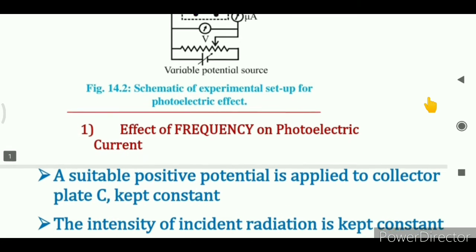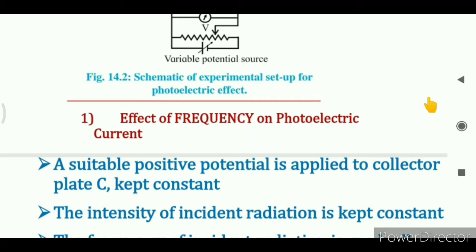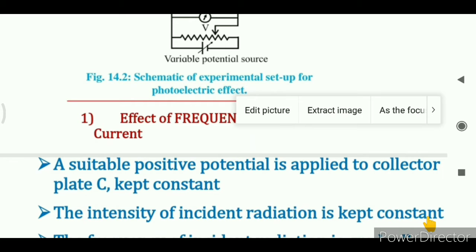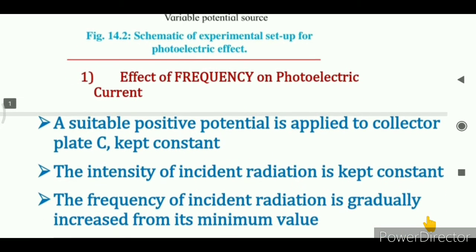Then the intensity of the radiation incident on the emitter plate E is also kept constant. And then we have to change the frequency of incident radiation. So the frequency of incident radiation is gradually increased from its minimum value.